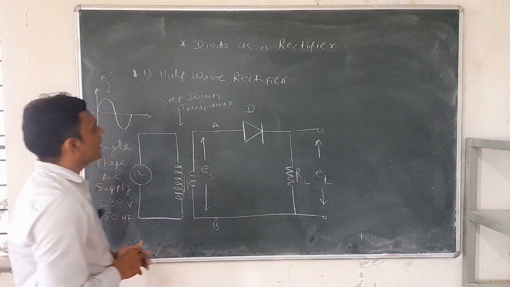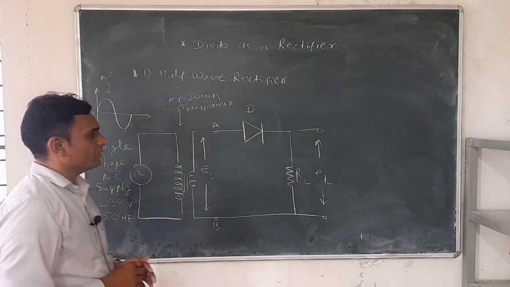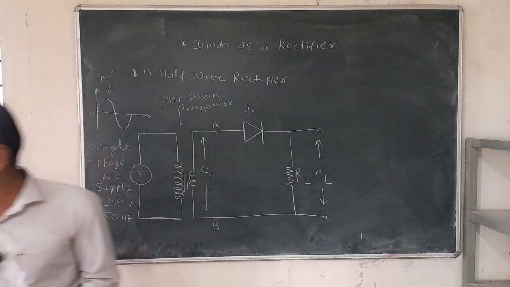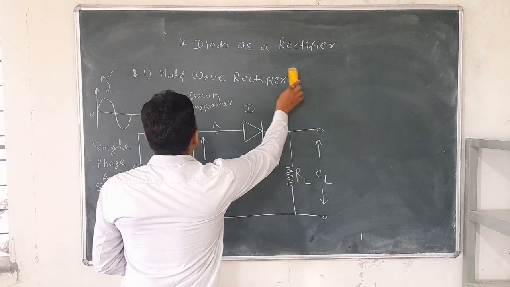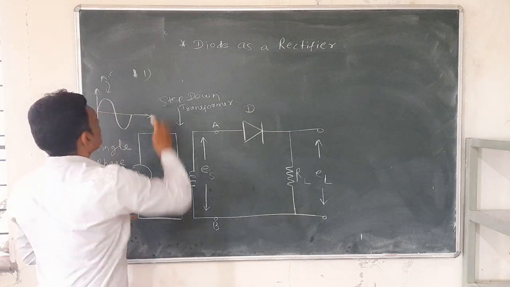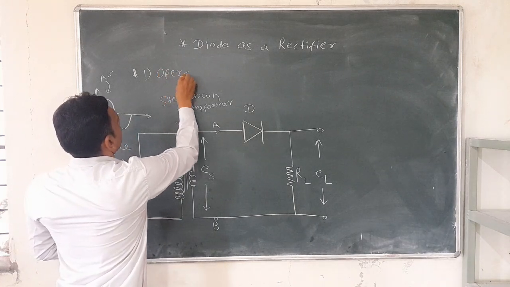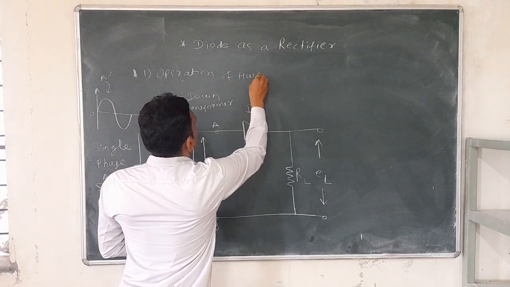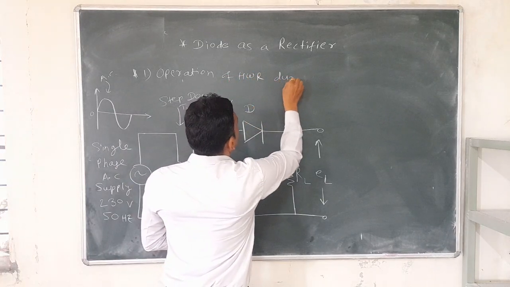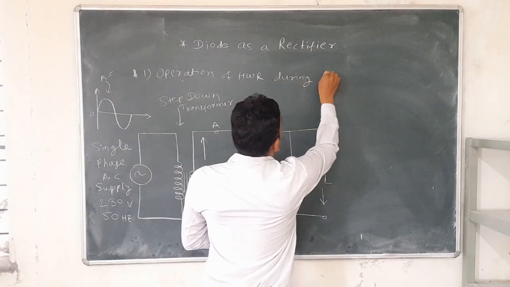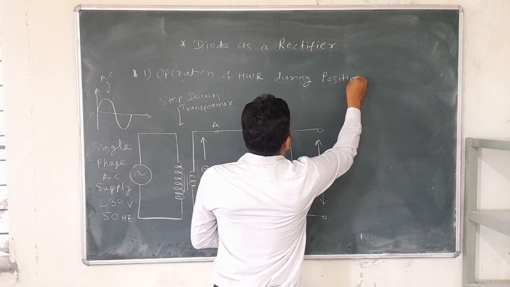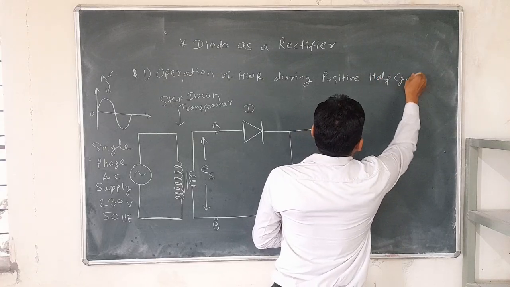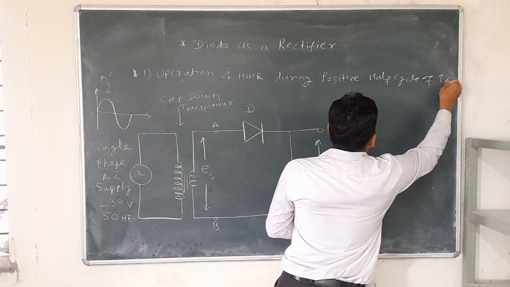Then we explain operation of this half wave rectifier. First consider the positive half cycle of the input. This is the first operation of half wave rectifier during positive half cycle of input.